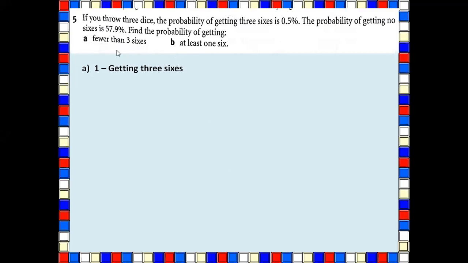In part A, we don't need that. Fewer than 3 sixes, so 1 minus 0.5. Be careful, that's like 100% minus 0.5%, which is 99.5%. I think that's 1 minus 0.5. Okay, so it's going to be 99.5. Thank you, Zaina.